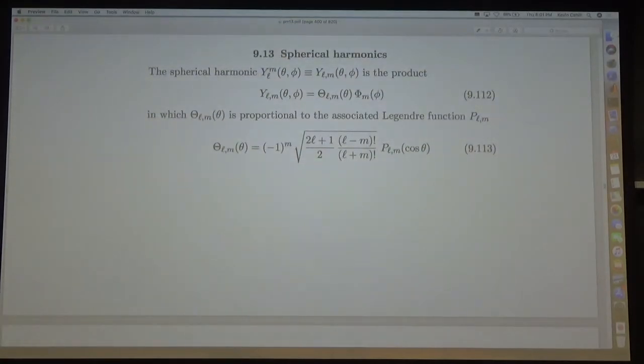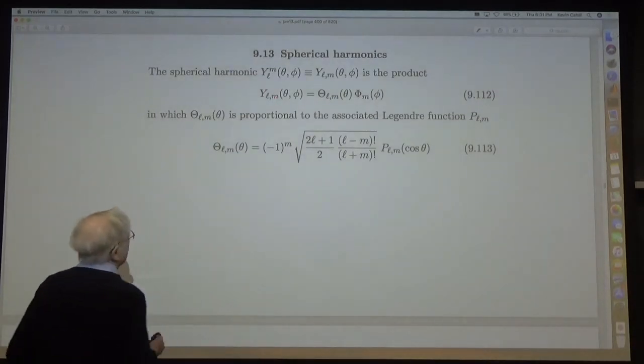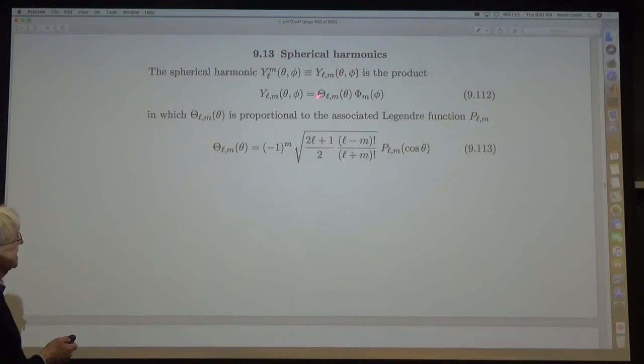So in terms of these Associated Legendre polynomials, and simply the phase factors e to the im phi, you multiply them together, what you get is a spherical harmonic. Here, this capital theta, this funny thing here is capital Greek theta, it is related to the Associated Legendre polynomial by this square root and then this phase factor.